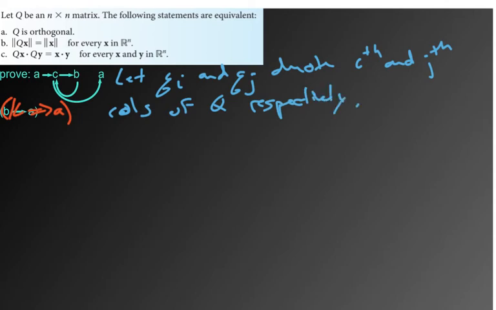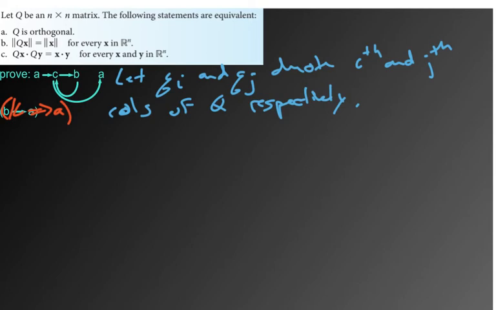And what I basically need to show is that if Q is orthogonal, then any two columns, or rows even, but we'll just do columns, form an orthonormal set. And so I can dot product any of these things, and I get 0 or 1. 0 if the i's and the j's are different, right? That's like the perpendicular dot product. And then 1 if the i and j are the same, right? So that's basically the plan.